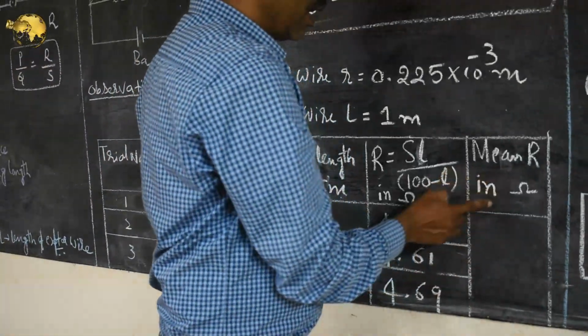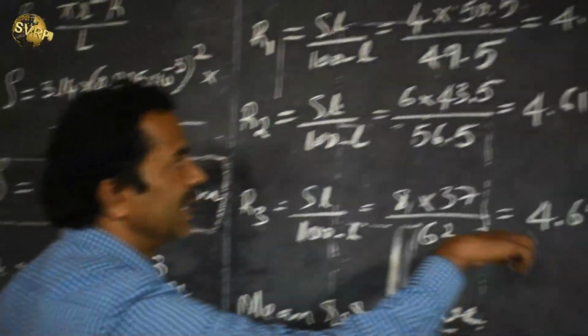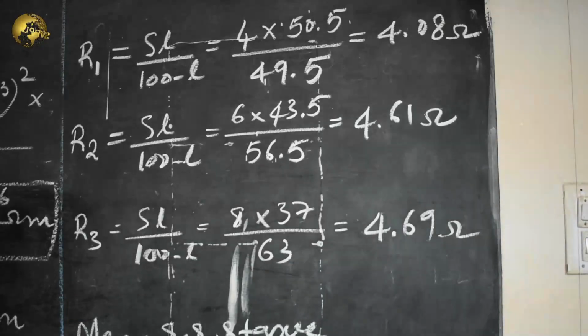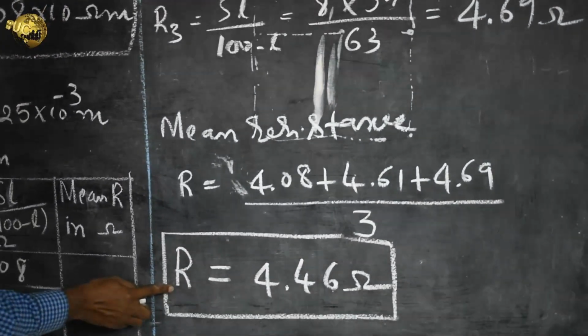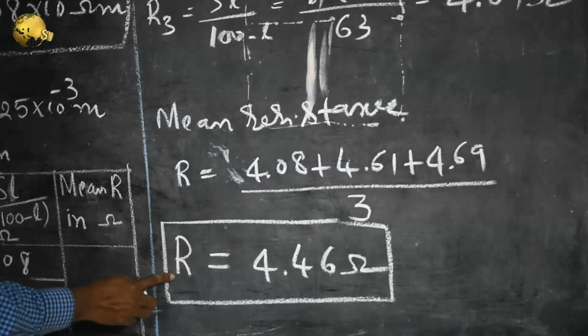Next, mean R. To calculate the mean R, add all the three values of R1, R2 and R3 and the whole divided by 3 gives the mean R or mean resistance of the given experimental wire.